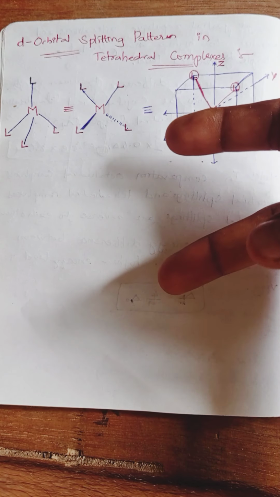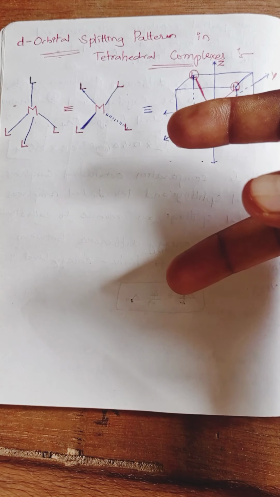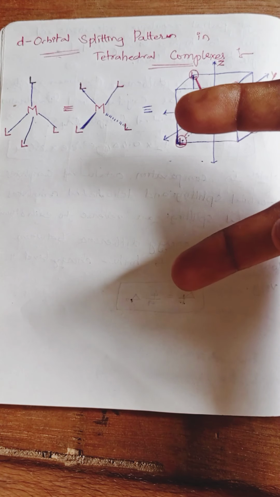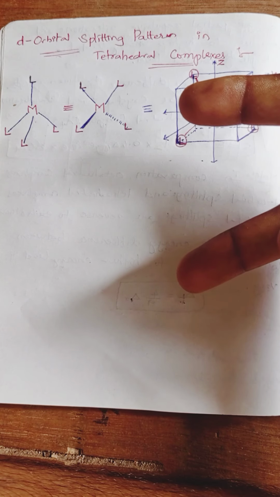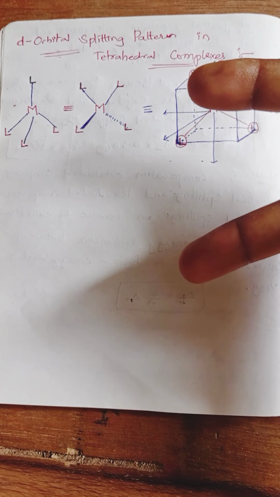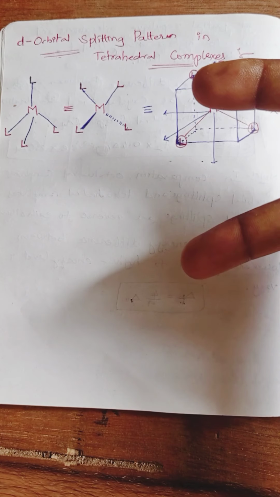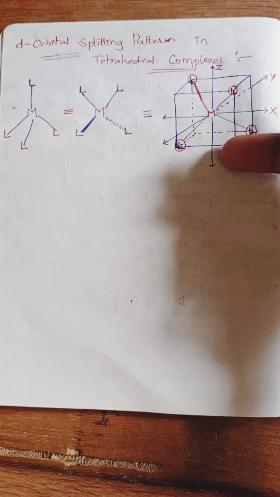The second thing is the structural aspects, or we can say the ligand orientation in the complex bonding with the metal, right? The ligand bonding with the metal in a complex we have to know with respect to the coordination axes.